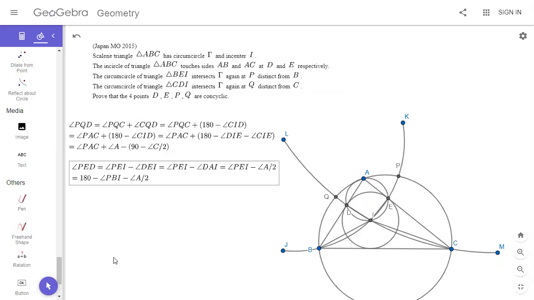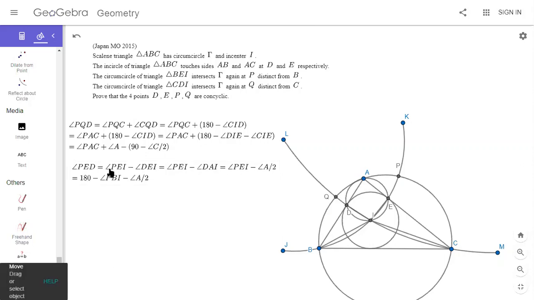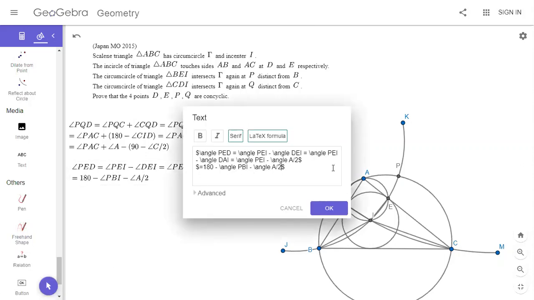And PBI is PBC minus IBC. Minus angle A over 2.